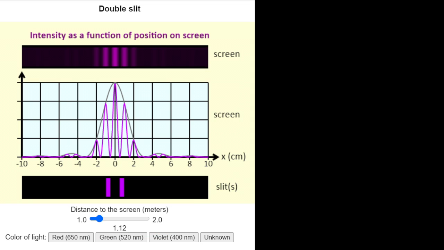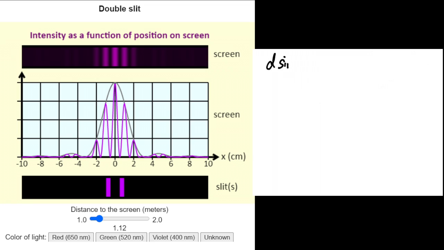Next, you are going to determine the distance between the two slits of the double slit, the distance d. Now you are going to look at the set of peaks and troughs inside the single slit envelope. This time we are using the equation d sine theta equals m lambda, where constructive interference happens.